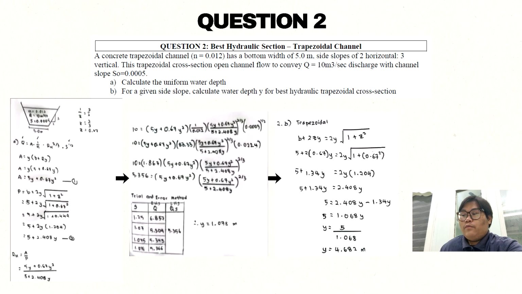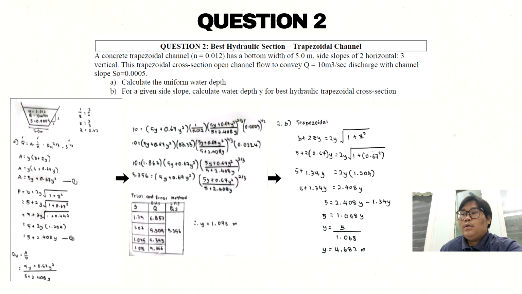After that, we already found A and P, so insert them inside the equation of R_H. So you will get 5y plus 0.67y squared over 5 plus 2.408y. After that, you already get R_H. So insert everything into the equation, that is Q equals A times 1 over N times R_H power of 2 over 3 times S power of 1 over 2.